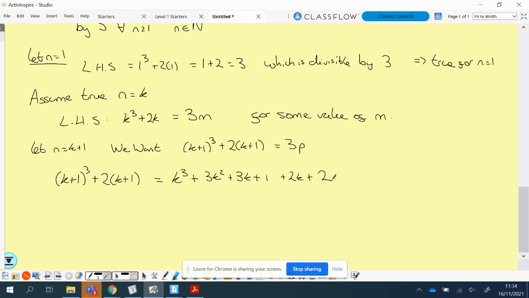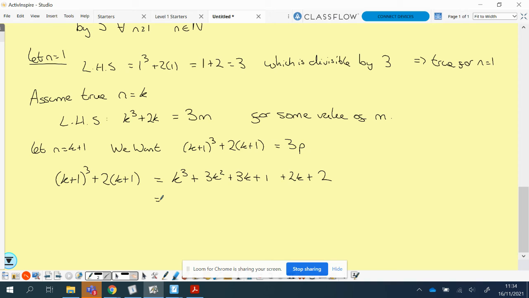Okay, if I can then tidy up what I've got here, I can remember what I'm trying to use: the fact that I can assume this was true. That was always the theory behind this. I want to use this to help me prove this bit here. You can see I've got a k cubed and a 2k as part of my question so far.